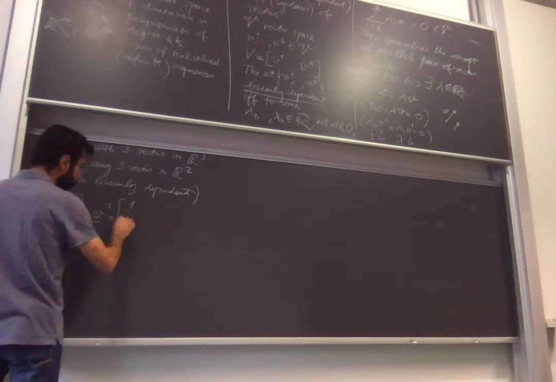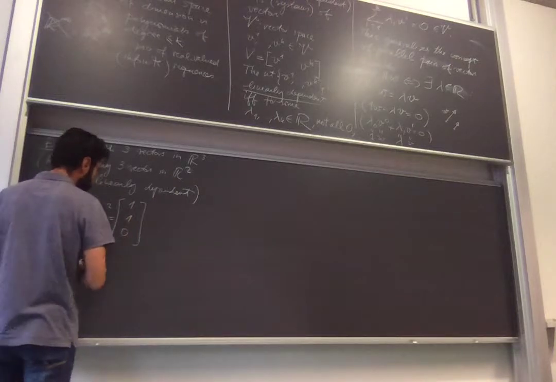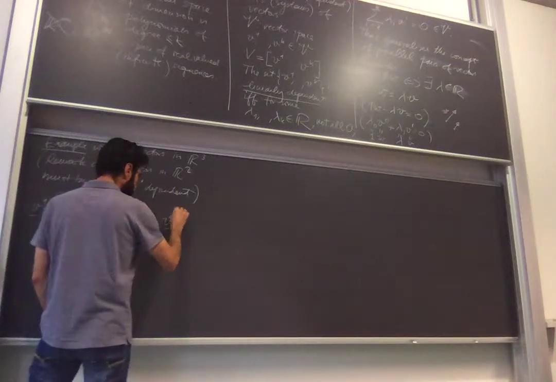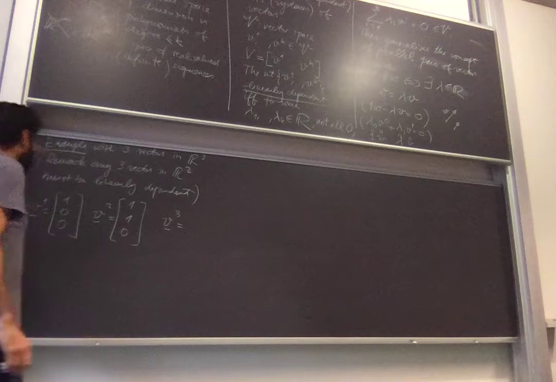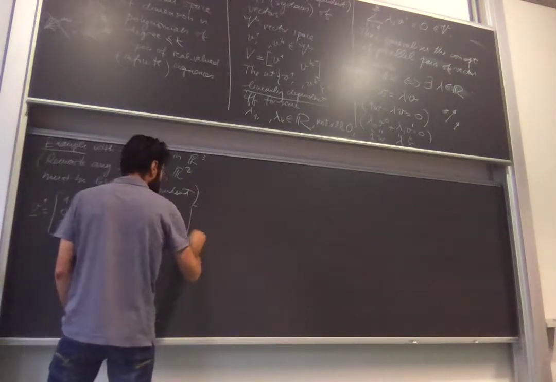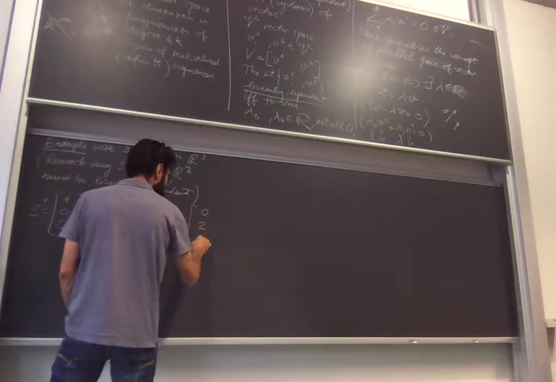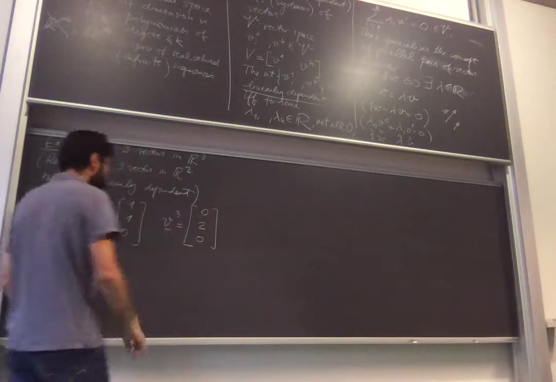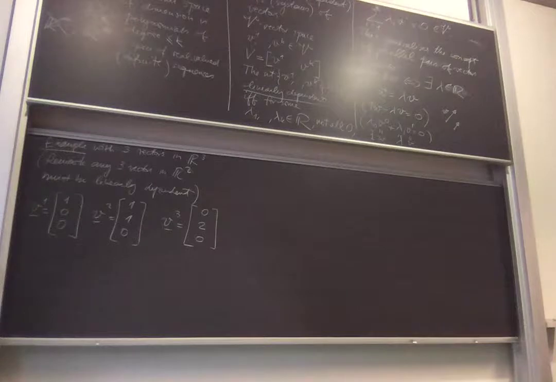So let's take V2 to be this one here, and then let's take V3 to be this. So question, are these linearly dependent or not? How can we tell? Is it parallel? Which one is parallel to which?